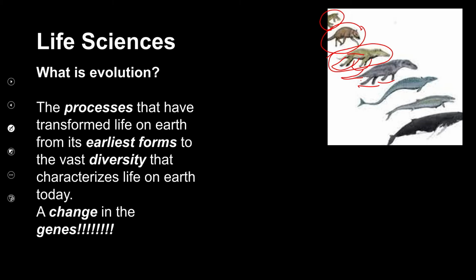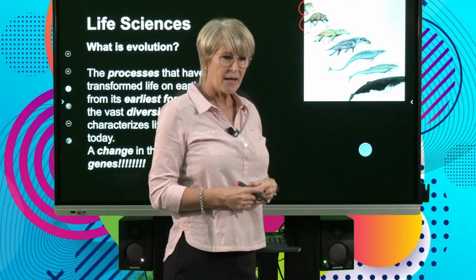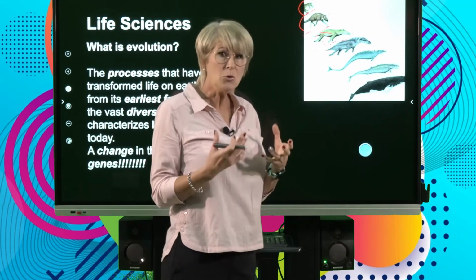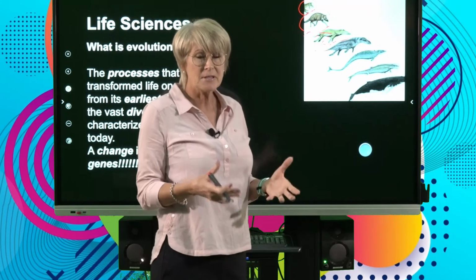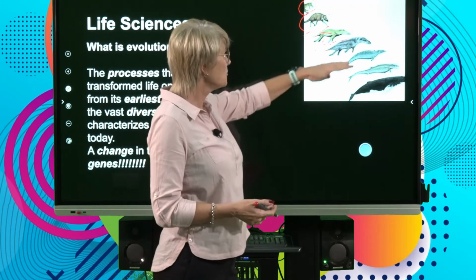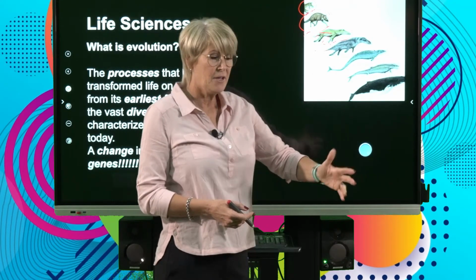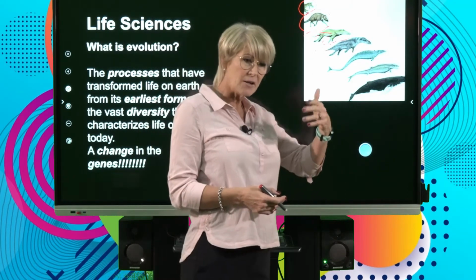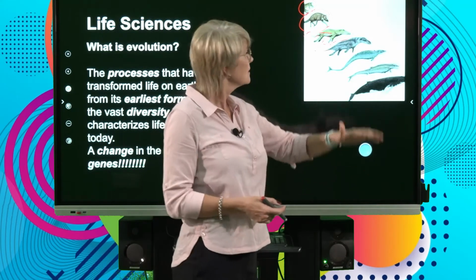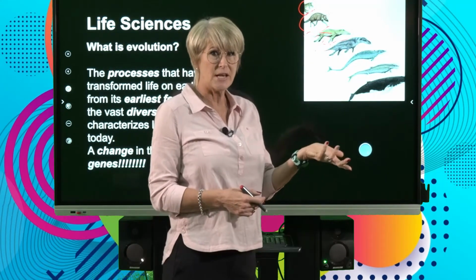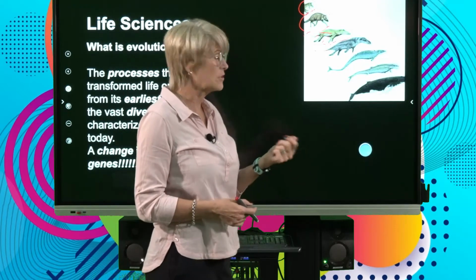When a mutation occurs and that mutation happens to make the organism more suited to the environment it finds itself in, then that would be selected to survive. That organism will survive, and when it survives, it's able to reproduce and pass on the genes of that mutation or changed characteristic.